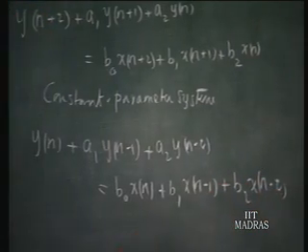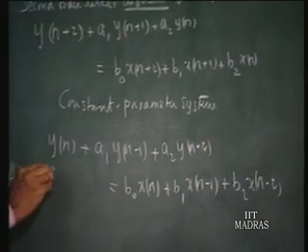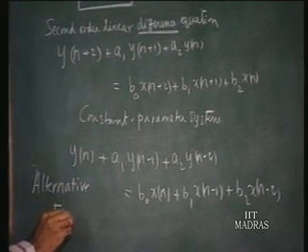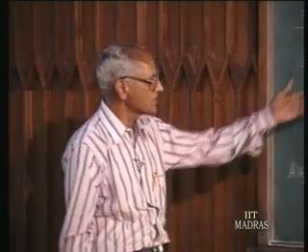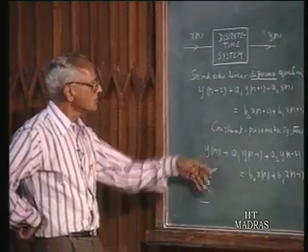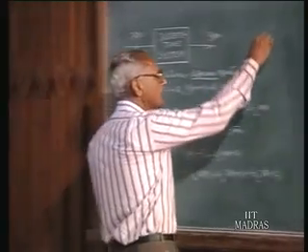This is an alternative form. So a second order difference equation pertaining to a linear time invariant causal system could be either in this form or this form, both are equivalent. By stepping up n by 2, you get this. By stepping down by 2, you get this. Both are equivalent.